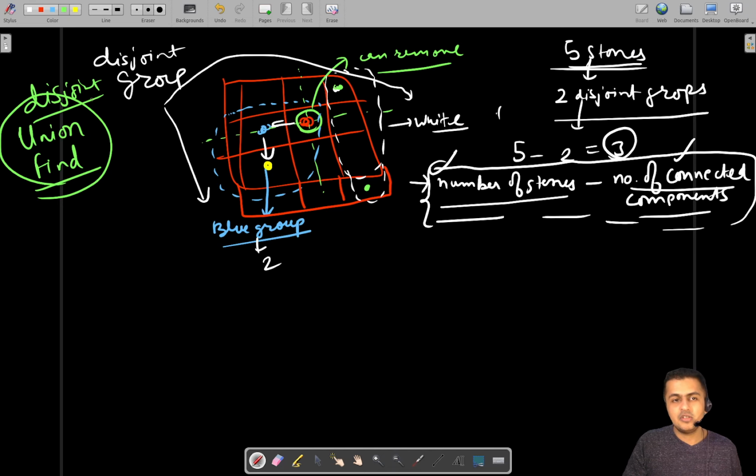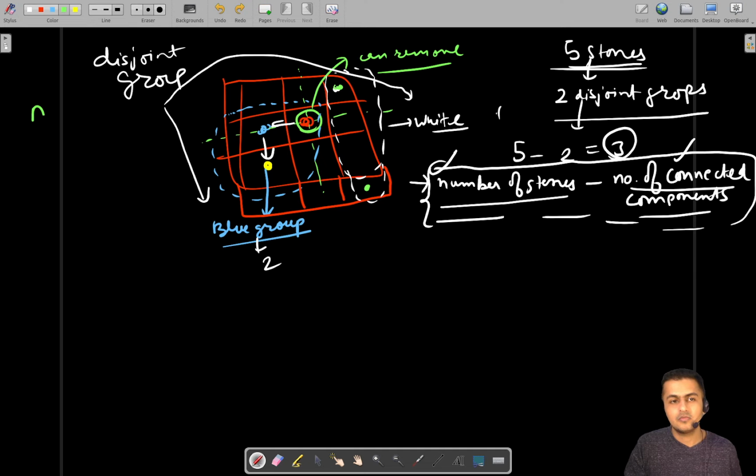Basically the name of the data structure is disjoint set, and the algorithm that we will be using is union find. So as the name suggests, in this kind of data structure there will be sets which are disjoint from each other, not sharing any common connection, and we will be using the union find algorithm in it.